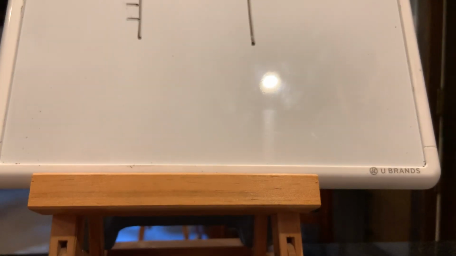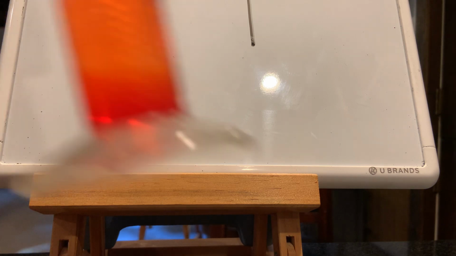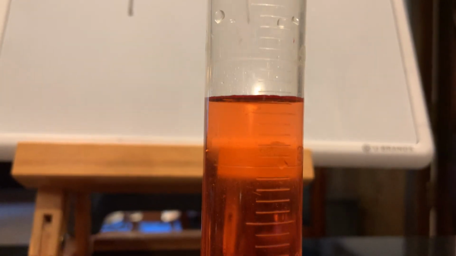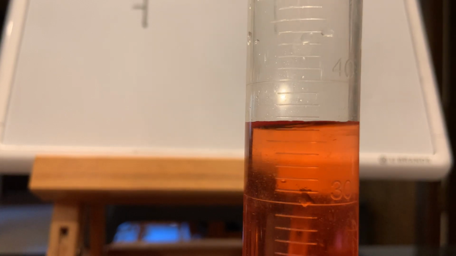All right, let's go to our next smallest one, and this is our 50 milliliter graduated cylinder. Eye level. Graduated by 1, so 31, 32, 33, 34, 35, 36.